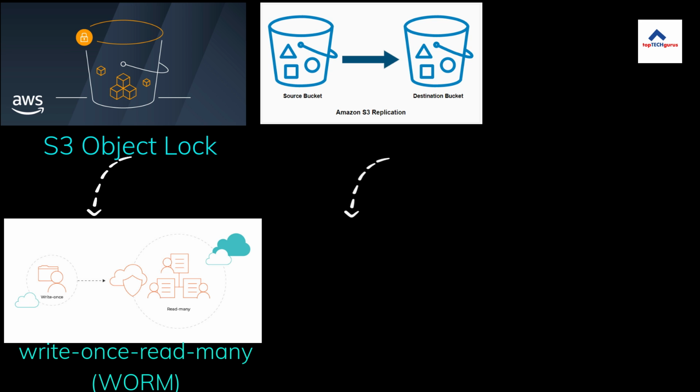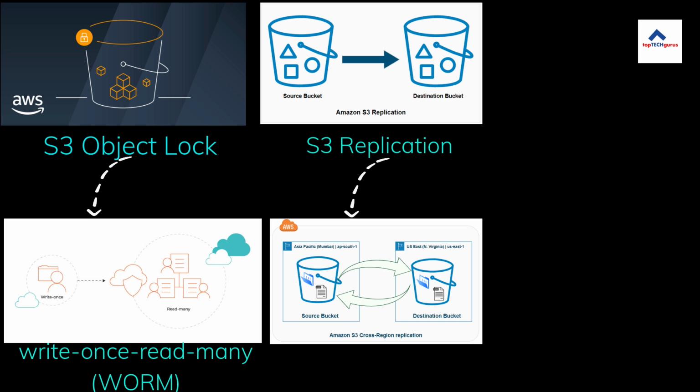S3 Replication replicates objects and their respective metadata and object tags to one or more destination buckets in the same or different AWS regions for reduced latency, compliance, security, and other use cases.